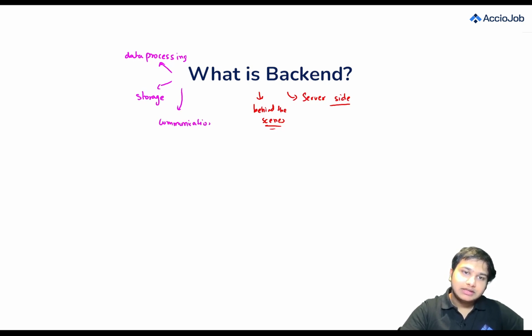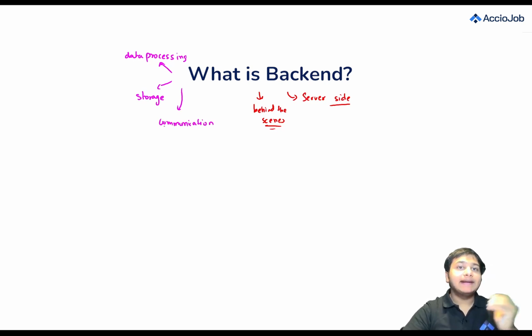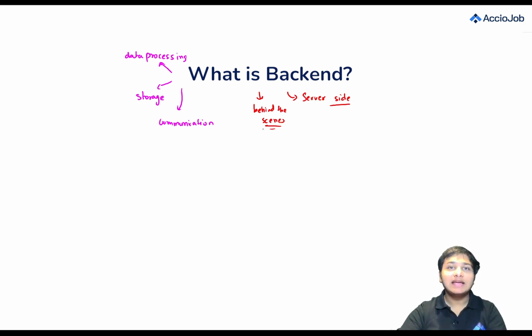So these are the basic things that backend delivers as an entity. Again, backend, also known as server-side, is the part of the application that runs behind the scenes and handles tasks related to data processing, storage, and communication. This is the complete, perfect line that you can answer in an interview to impress the interviewer.